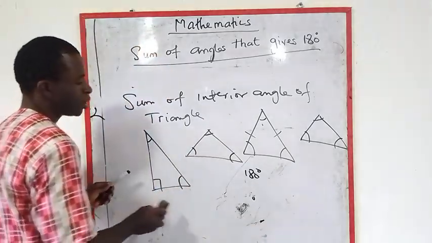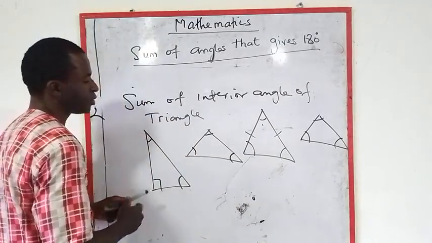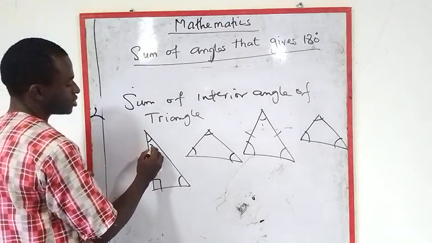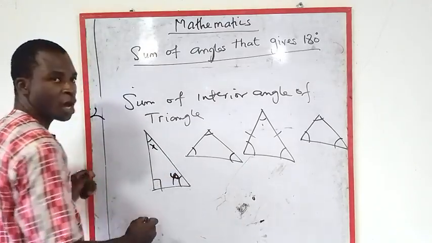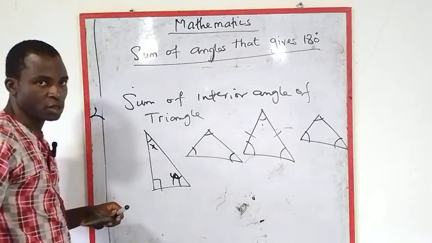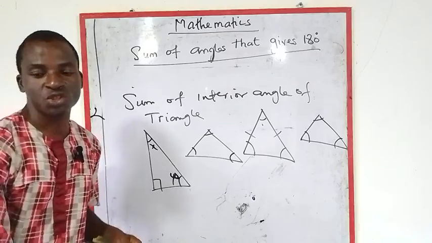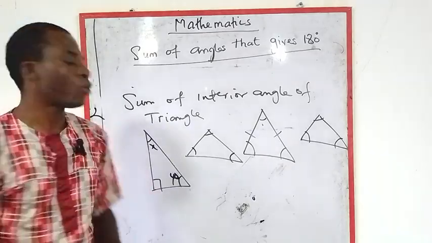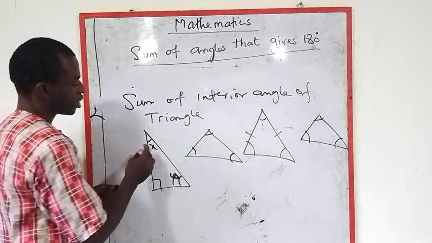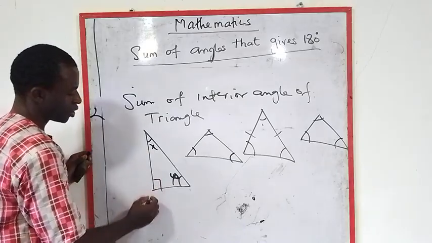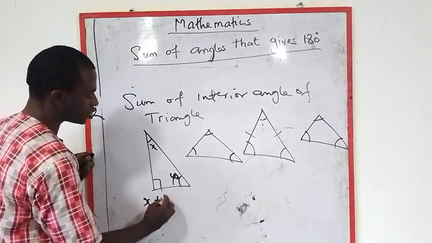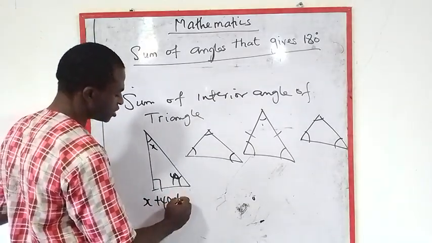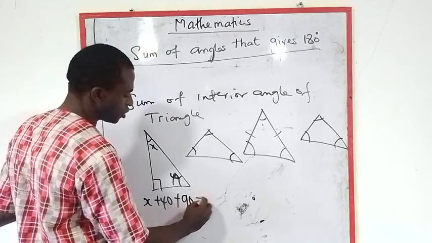Let me just give you a simple calculation of what I'm talking about. Let me say, for instance, like they normally give questions, here is S, here is 40. If we have something like that, what you do is you do your sum: S plus 40 plus this symbol, which means 90 degrees.